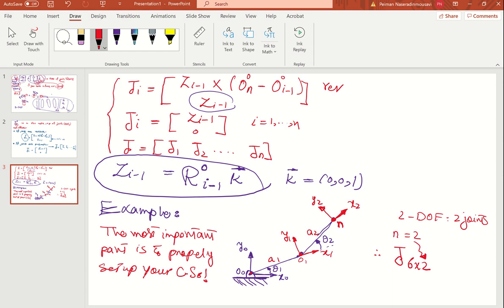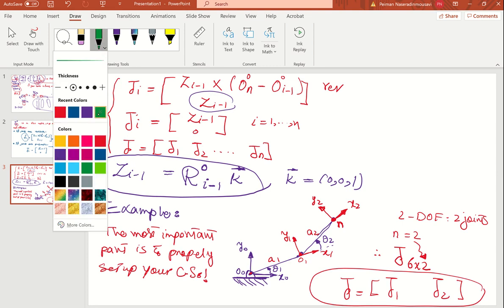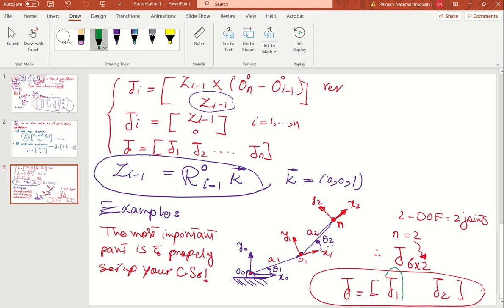So your Jacobian matrix is going to be J1 and J2. I'm going to calculate each one by one, as you have to do in the final exam, and after graduation as a robotics engineer you have to do for the specific robot in your company or your research center, whatever. So this is J1 and J2.